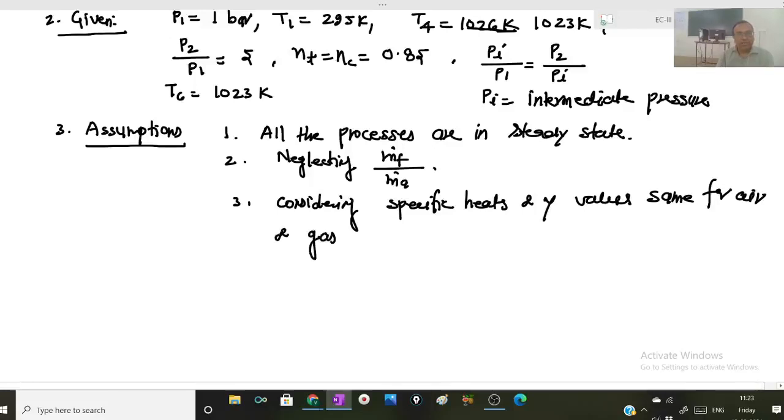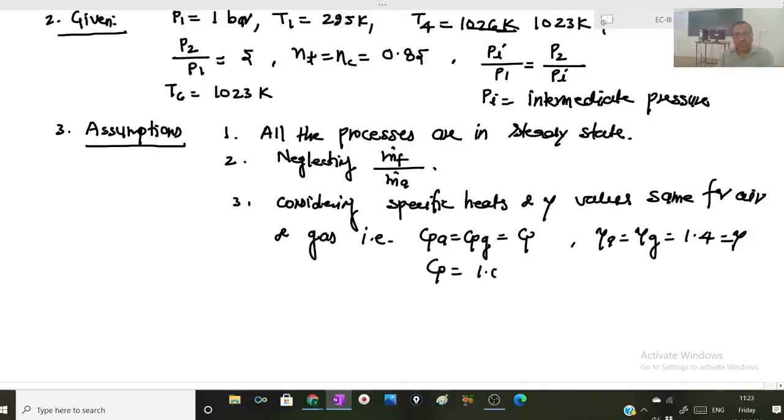Okay, so what does it mean? CPA is equal to CPG is equal to, let's say, CP, and gamma A is equal to gamma G is equal to 1.4. And if required, we can take CP value for air as 1.005 kilojoule per kg per Kelvin.